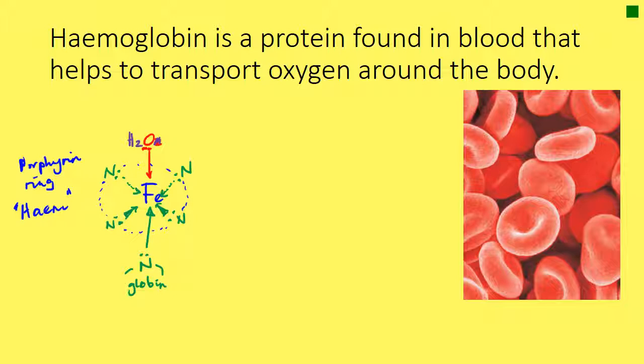And then the blood goes around the body and ends up in a place that is short of oxygen, so let's say a muscle cell, and the concentration of oxygen is low because it's already been used up by contracting, and so the oxygen leaves. But respiration, of course, produces water and carbon dioxide, and the water is carried away.